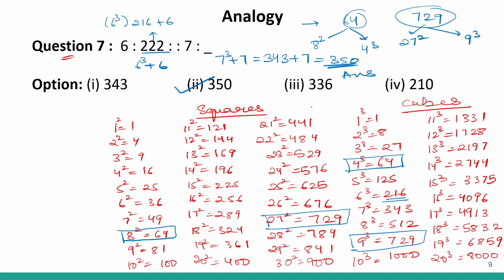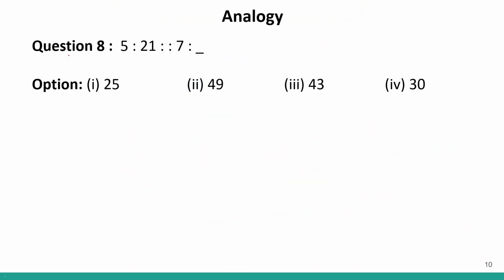Clear? Okay. Question number 8. We have 5, 21, 7 and we have to find the missing element. We will find the relationship in the first pair and then use the same relationship in the second pair. Correct? Now, if I look at 21, can I write 21 as 5 raised to the power 2 minus 4? Because this is 25 minus 4. Correct?